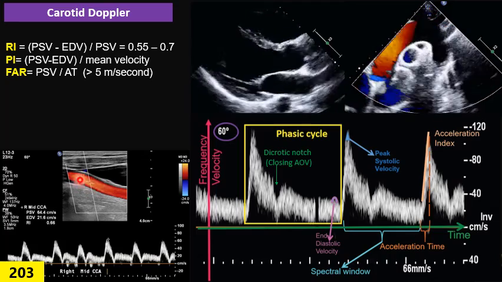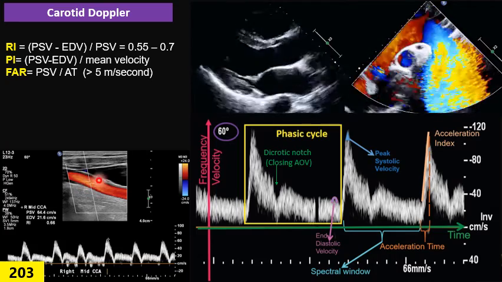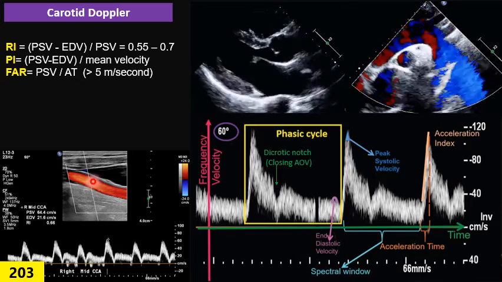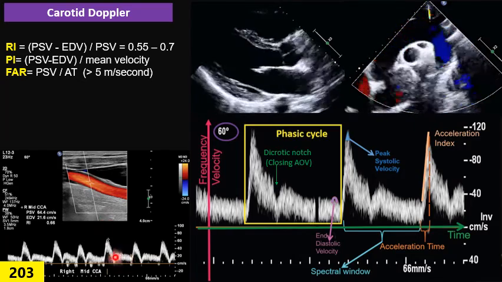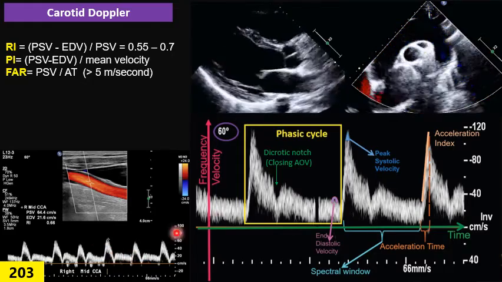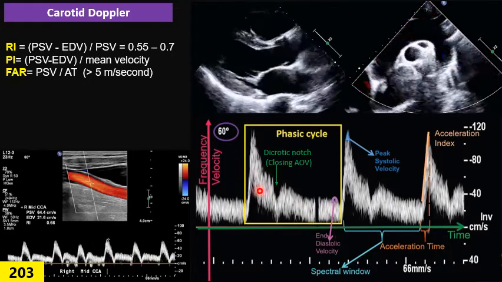So if we increase the sample volume, it picks up different velocities, higher at the center and lower close to the wall, so the spectrum becomes broader. As you can see here, it is broader.